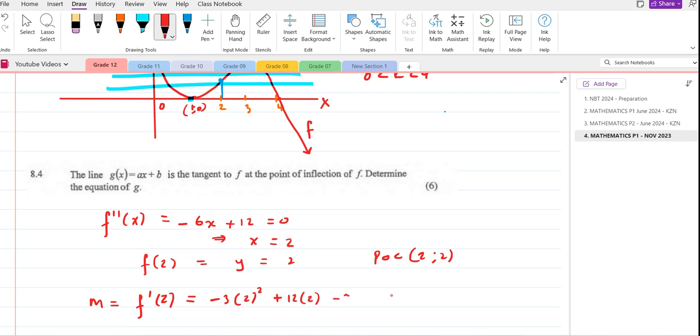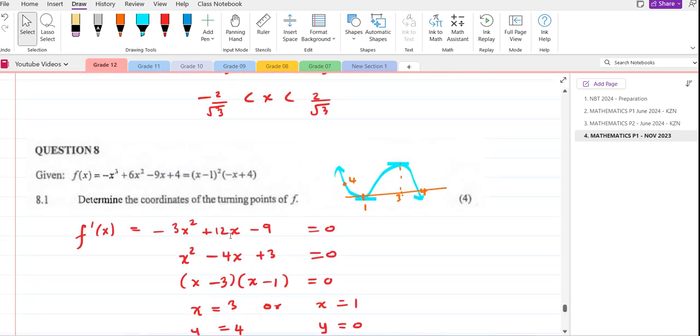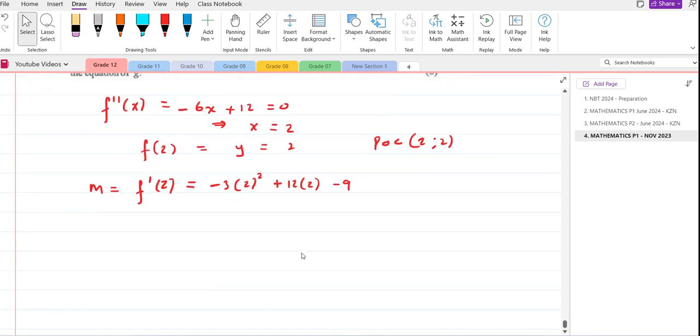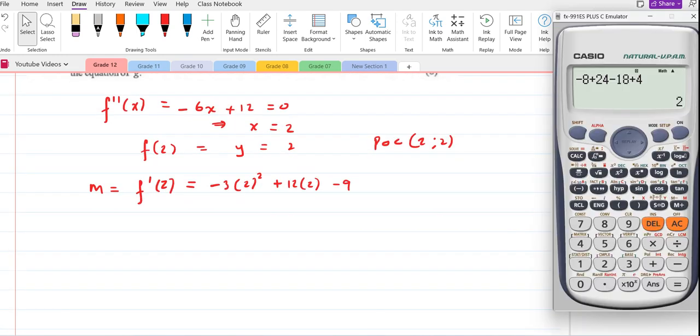Let's just check this. Now simplifying this, we have minus 3 times 4, which is minus 12, minus 12 plus 24 minus 9. So I've got 3. So I've got a gradient which is 3.